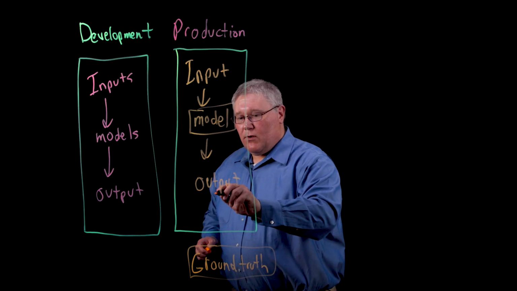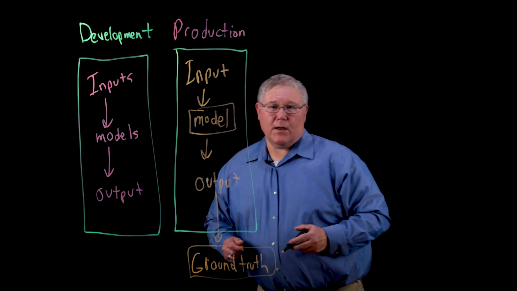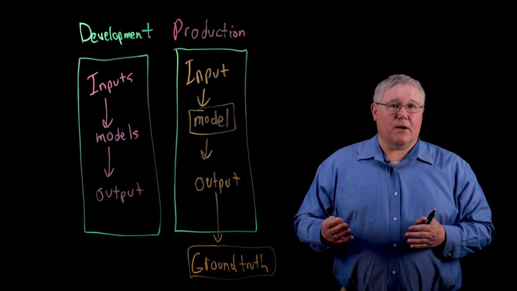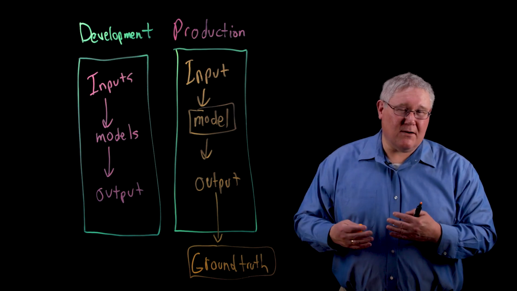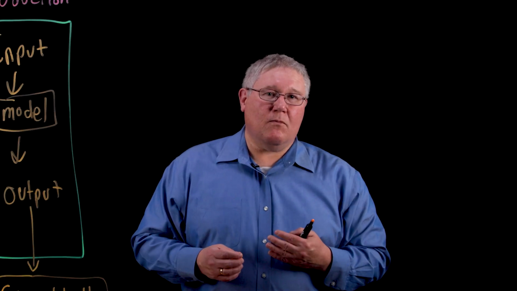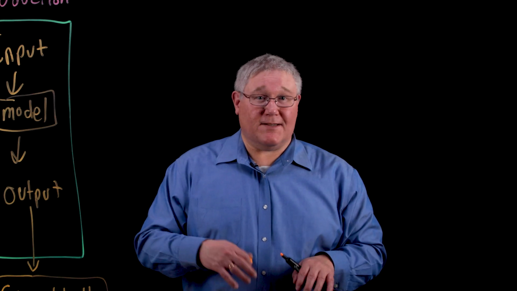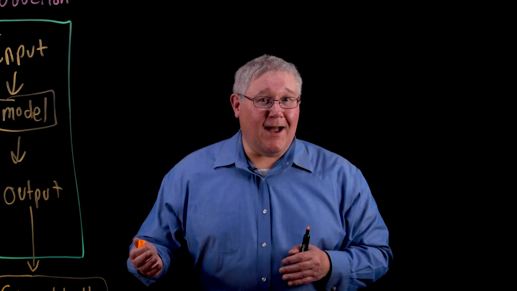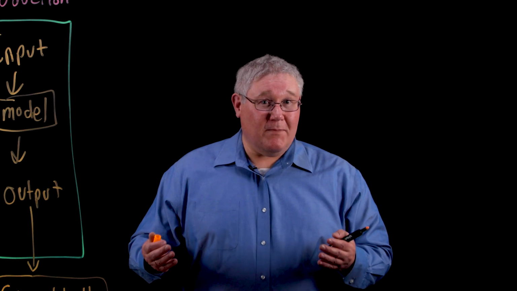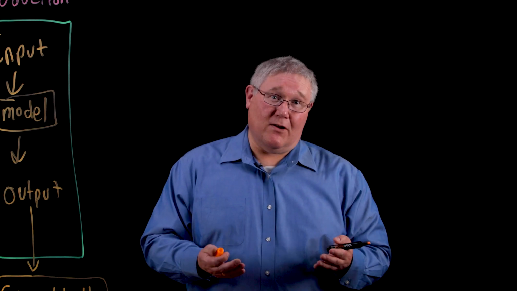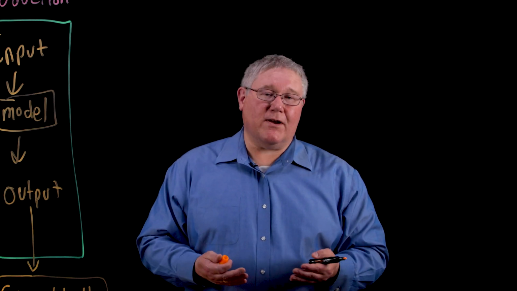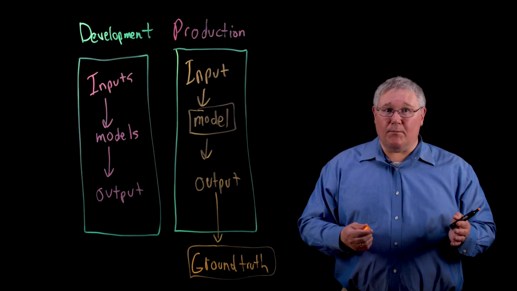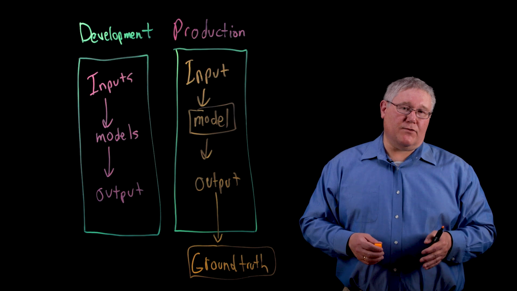In the generative world, if we have AI that's writing emails based on some kind of prompt or some kind of stimulus, we can have a human write an email to the same stimulus, and the output coming from the AI and the human based on the same stimulus should be similar. If they're not, we've got an issue and we need to go back and look at our model. But again, in both situations, we're comparing the output of the model to some sort of ground truth.